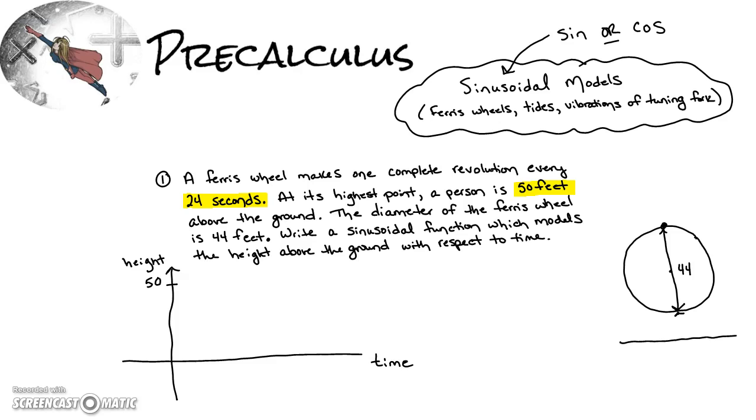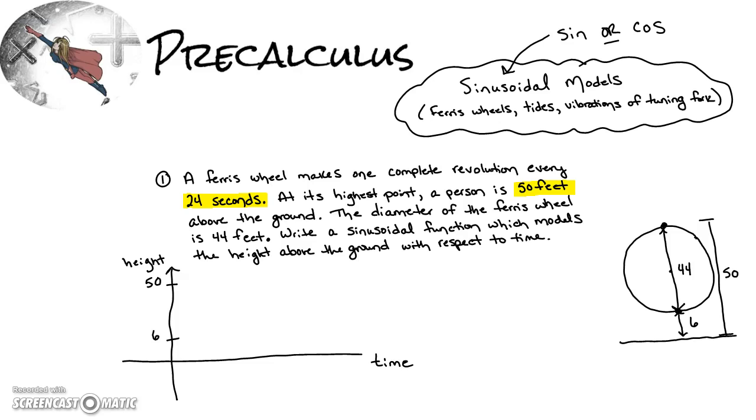That must mean that this little part here is 6 feet, because that's the only way that this total could add up to 50. So that person who's on the Ferris wheel, the lowest they ever get to the ground is 6 feet, which is a good thing because we wouldn't want them crashing into the ground every time the wheel made a turn. So the highest is 50, the lowest is 6.